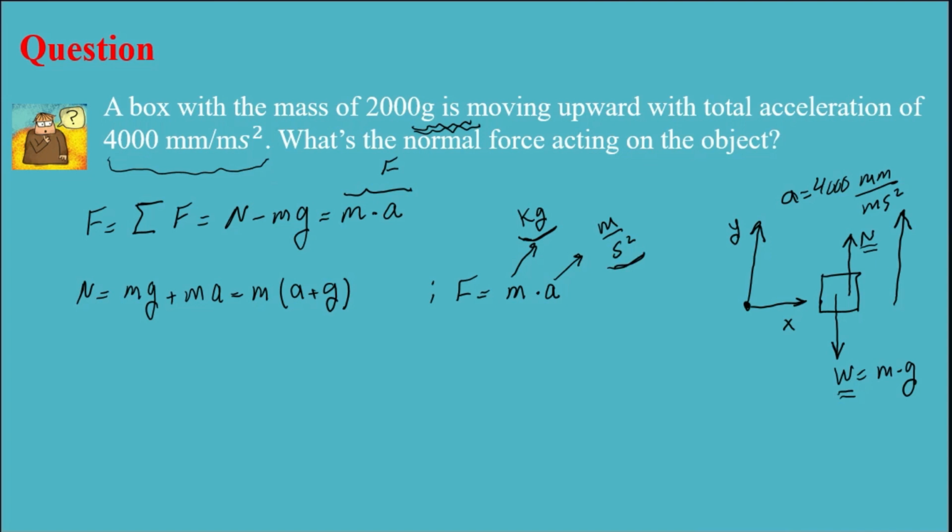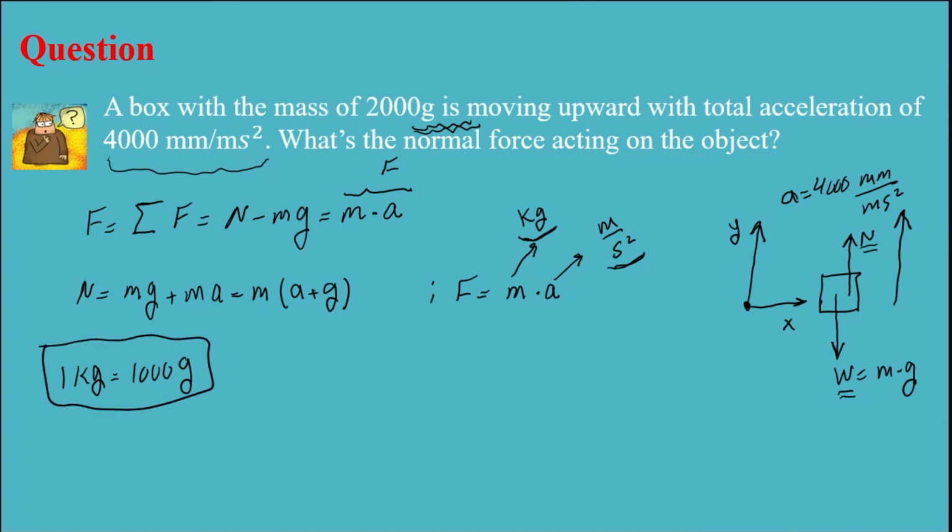Okay, so let's start with mass. Mass must be in kilograms, right? What I have here is in grams. So let's do the conversion from grams to kilograms. So 1 kilogram is equal to 1000 grams.